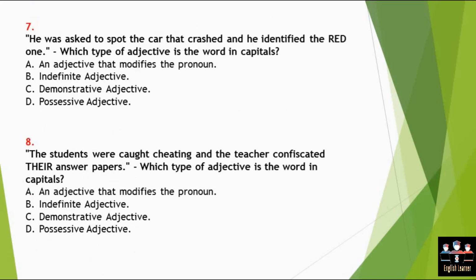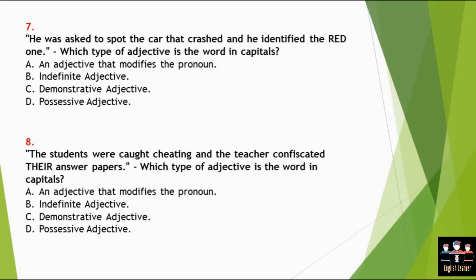He was asked to spot the car that crashed and he identified the red one. Which type of adjective is the word in capitals? A. An adjective that modifies the pronoun. B. Indefinite adjective. C. Demonstrative adjective. D. Possessive adjective.